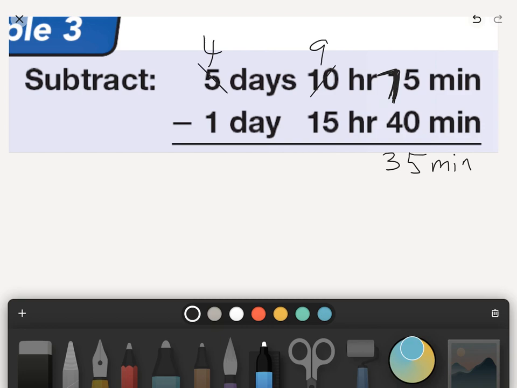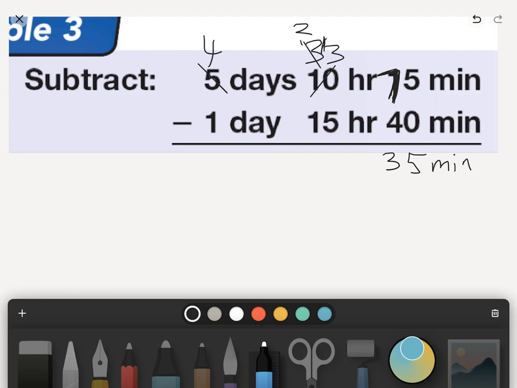So how much do I need to add to my 9? 24. Alright, so 24 plus 9 would be 33. And even now I need to do a little bit of regrouping, right? Why? Because I can't subtract 5 from 3. So I need to do some regrouping inside of my regrouping.